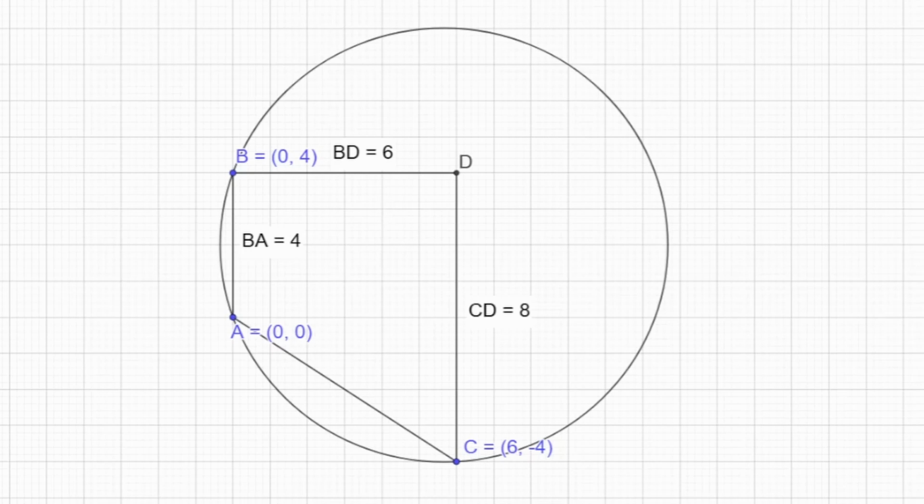So what I'm now going to do is find the midpoint of BA or AB and the midpoint of AC, and then I'm just going to move this out of the way so you can actually see we've done that.